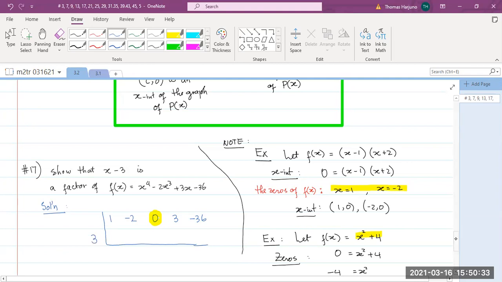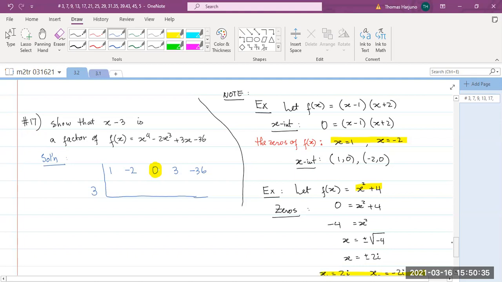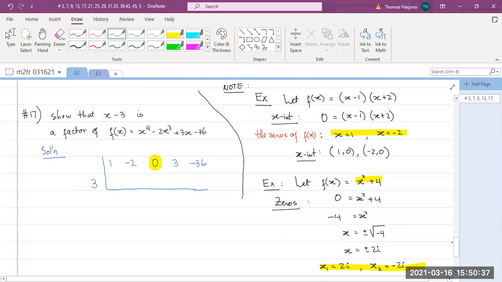Okay, so they ask a factor question, I do division, but the division is synthetic division. So the first number 1 falls down, 1 times 3 is 3, negative 2 plus 3 is 1, 1 times 3 again is 3, 0 plus 3 is 3, times 3 is 9, the sum is 12, 12 times 3 is 36, negative 36 plus 36 is 0.